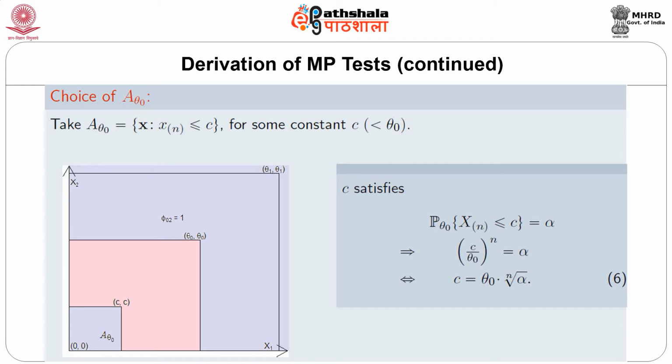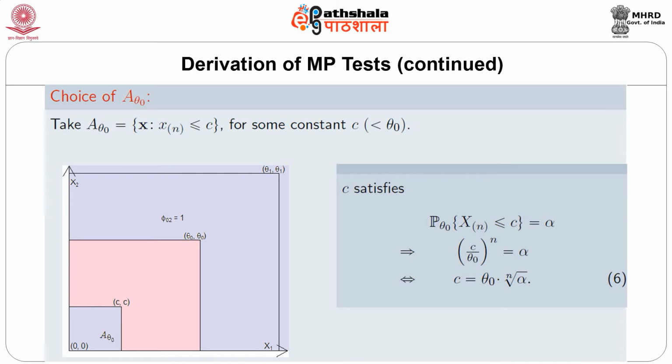So, this probability is the same as the probability that x1 is less than or equal to c, simultaneously x2 is less than or equal to c, and xn is less than or equal to c. Since x1, x2, ..., xn are independent, this is the product of these probabilities, and each probability is c by theta naught. So, this probability is c by theta naught to the power n, which is alpha.